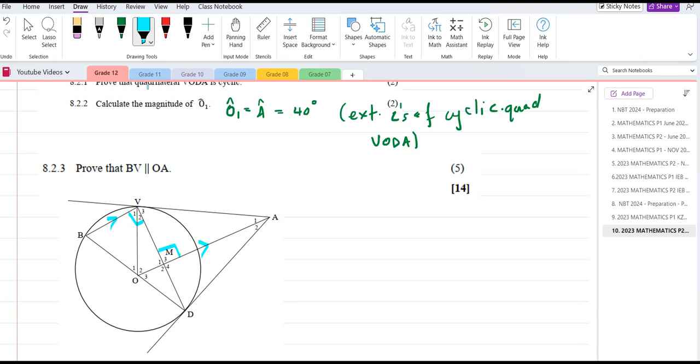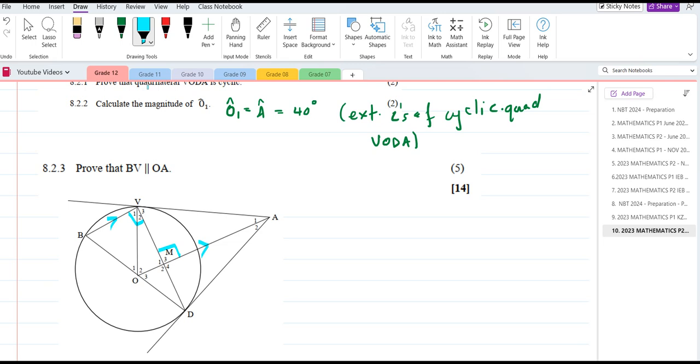Remember how we said angle M3 is 90? We said it was basically diagonals of kite. I don't know whether we can use diagonals of kite, but we can clearly see that this is a kite, because we have AV equals to AD. We can prove that to be alternate. We got 40 degrees there.